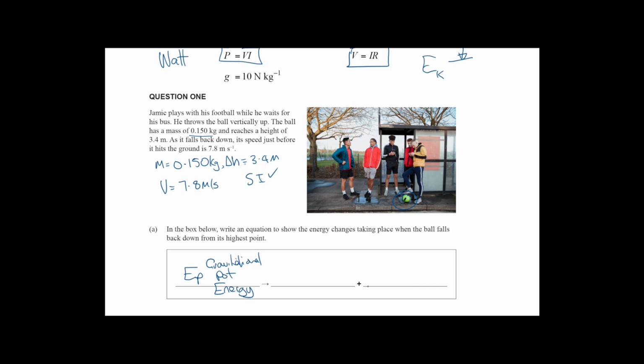So gravitational potential energy becomes kinetic energy, so the energy that moving things have, plus a bit of heat. There will be some sonic energy, some sound. Maybe even the pavement absorbs some shock, but only a tiny, tiny bit.